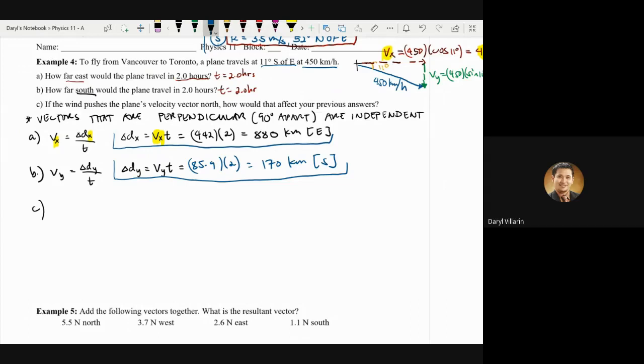Remember that the wind is going north, a velocity vector going north. So does it affect your travel going east and the travel going south? Anyone?